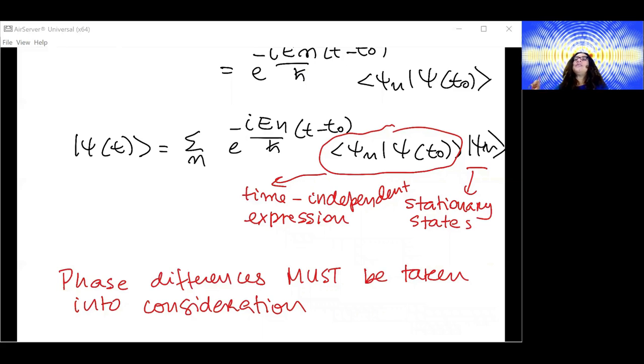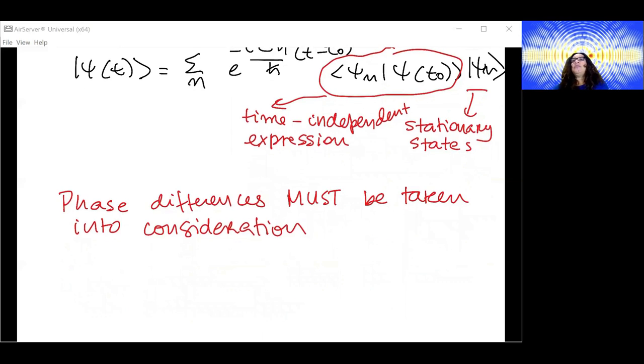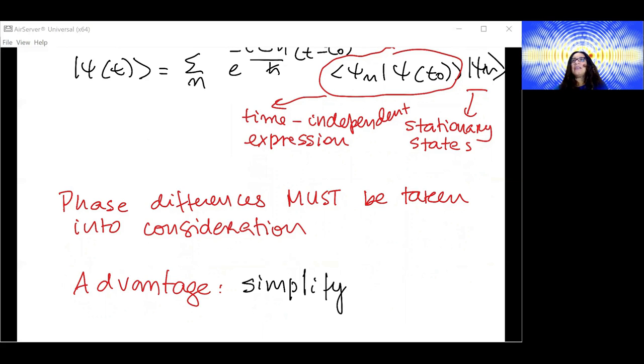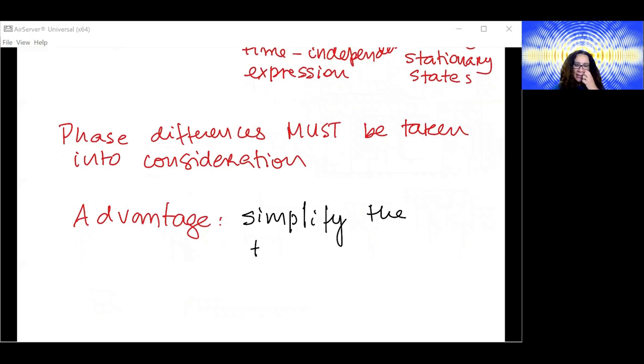But you have here a coherent superposition, you have a sum, and you're going to have phase differences. So they must be taken into consideration when you are studying the system. However, the big advantage of writing it in this way is that you simplify a lot the study of the time evolution. So it's a very convenient basis if you can do this.